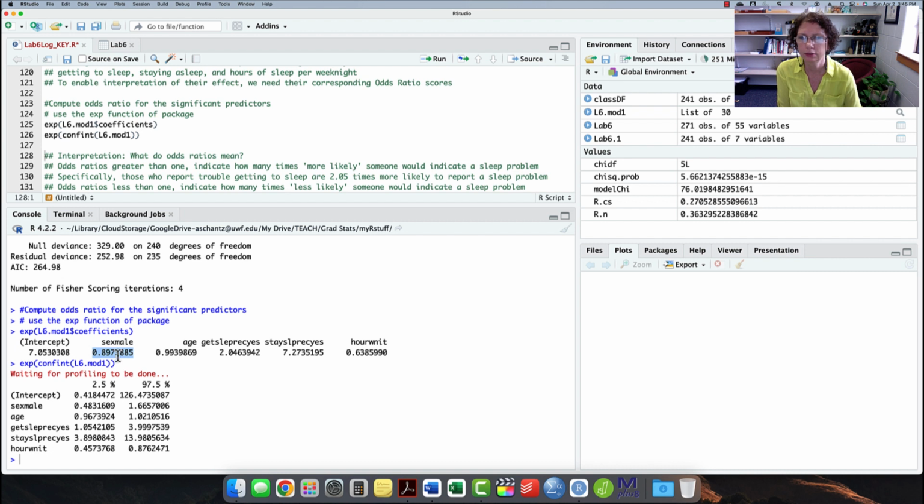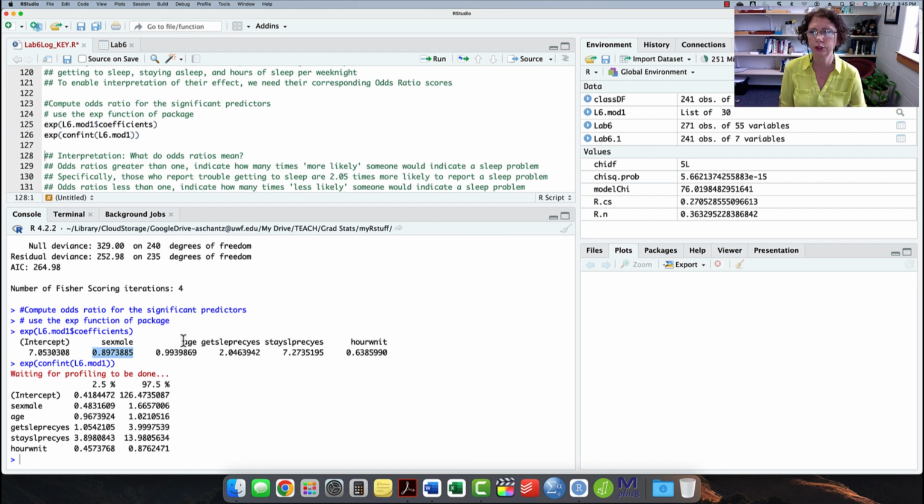So the gender variable, see how it's so close to 1? That's why it's not significant. If an odds ratio is close to 1, then I'm 1 times as likely to report a sleeping problem. Well, 1 times is just like itself. So there's no way to classify. It's not a significant way to say, oh, you're going to report a sleeping problem and you're not, if I'm pretty much 1 times as likely to do so.